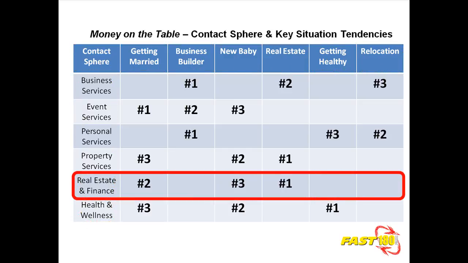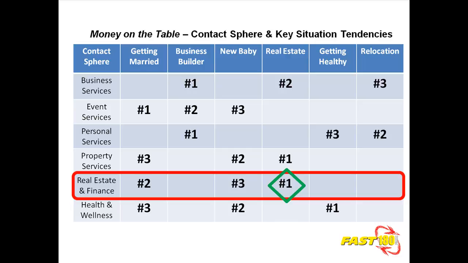Let's say that you identified yourself as being in the real estate and finance contact sphere. So the way that the matrix is set up is that we take a look at the top 3 key situations for that contact sphere. Now, these are general tendencies that we've identified in our research for the Money on the Table book.